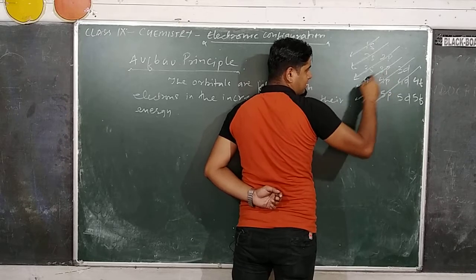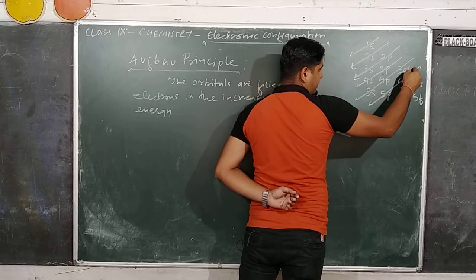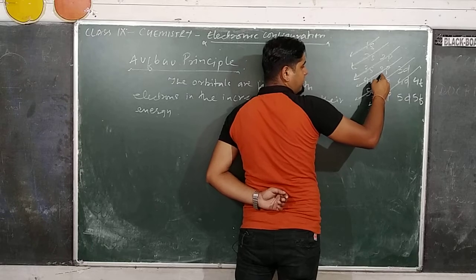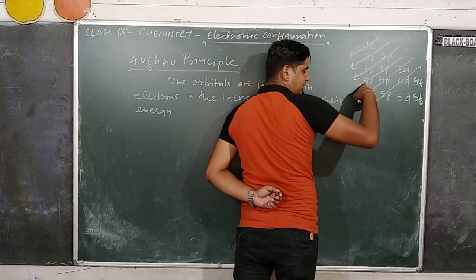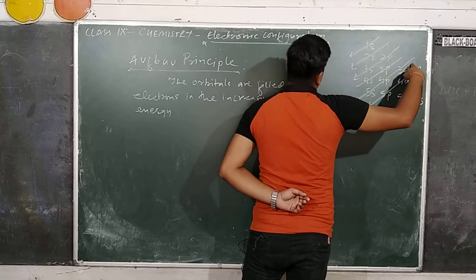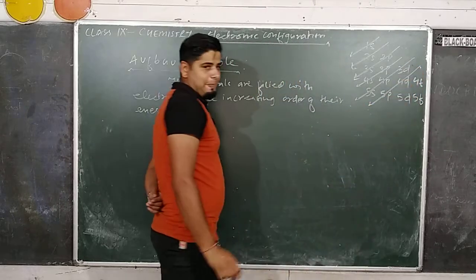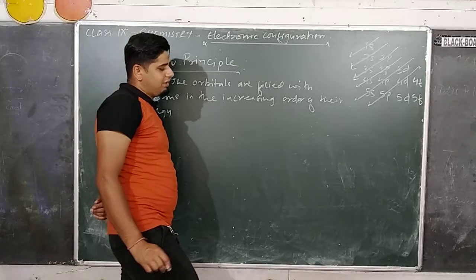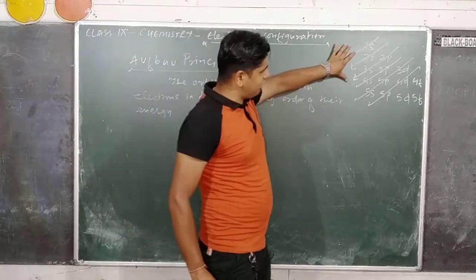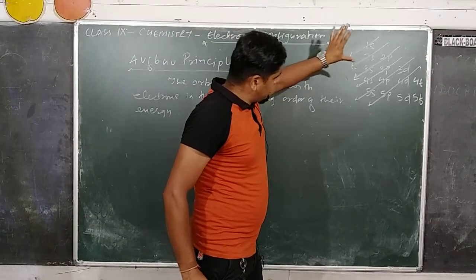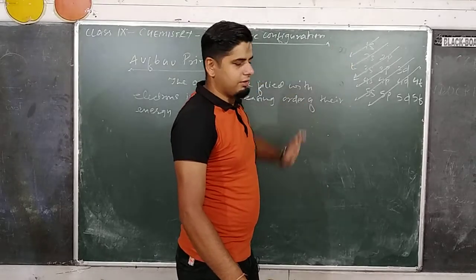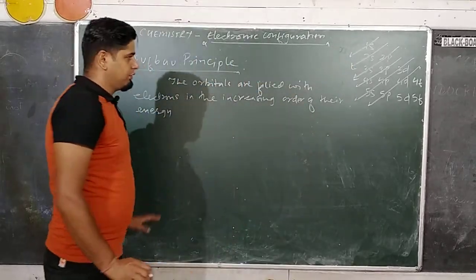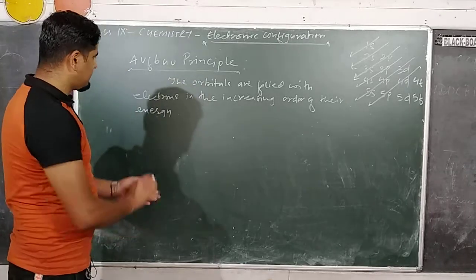After 3p, 4s, not 3d. After 3p, which orbital will fill first? 4s. After 4s only, the 3d orbital will be filled. Got it? So this diagram gives you the idea of the energies of different orbitals. This is the first principle.